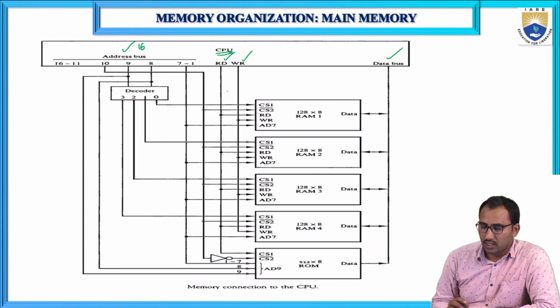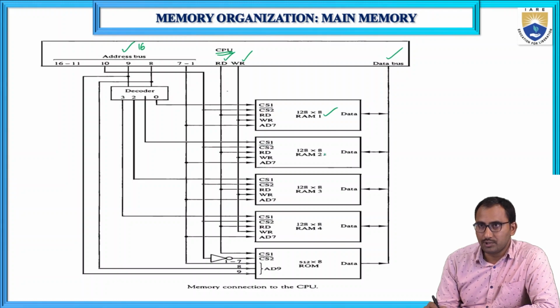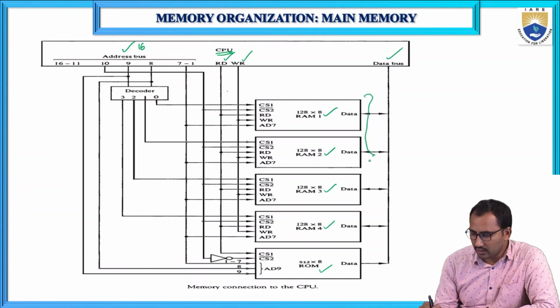So see here, in total we have 4 RAM chips: RAM chip 1, RAM chip 2, RAM chip 3, RAM chip 4, and the ROM. The size of every RAM chip is 128 by 8. So by combining these 4, we will form 512 bytes.